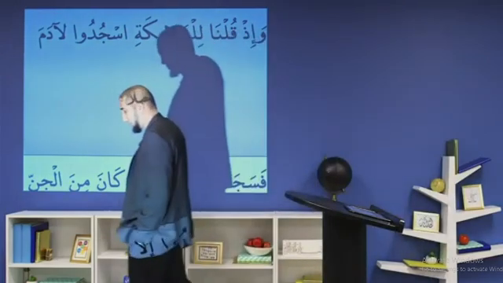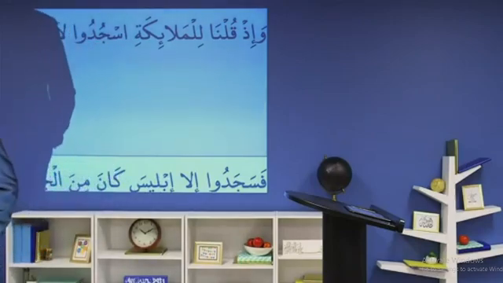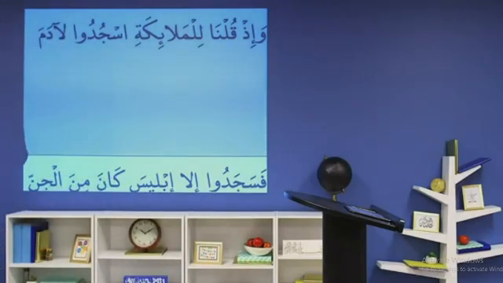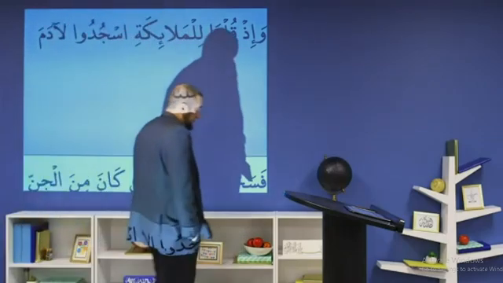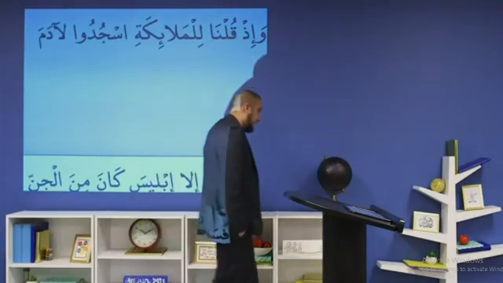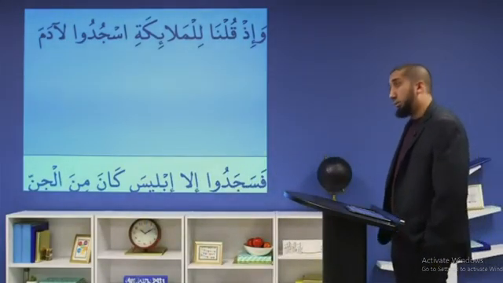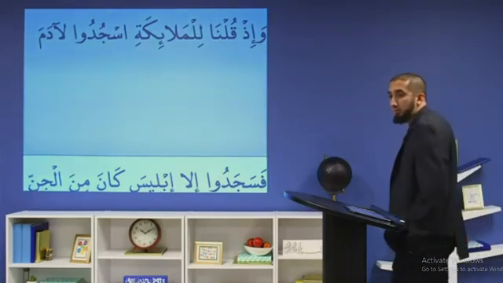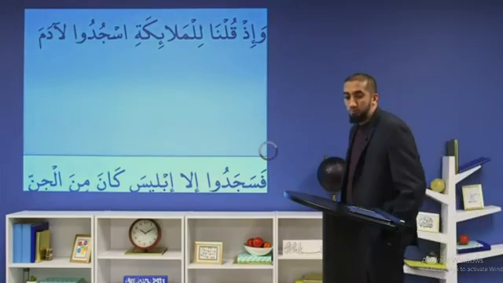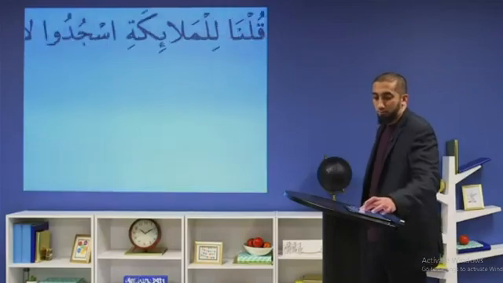What does malaika mean? Angel? Tell me why you know for sure al-malaika is an ism. Two good reasons. Because it has al. Because it's jar majroor. Number one. Number two, really obvious. Al. Oh, okay. Number three, it's not a fi'l.